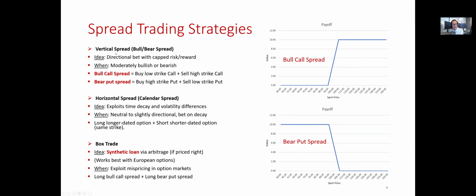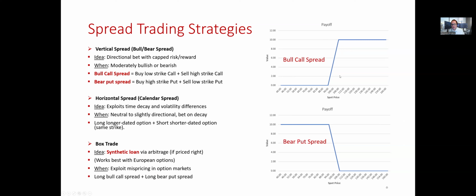Now, spread trading strategies, I've got some payoff images for you. So a vertical spread would be a bull or a bear spread. It's a directional bet with capped risk and reward, and we're moderately bullish or bearish. So this is a bull call spread. You're long a call, short a call, and the short call at the higher strike is capping your profit potential, but it's also making the trade cheaper.